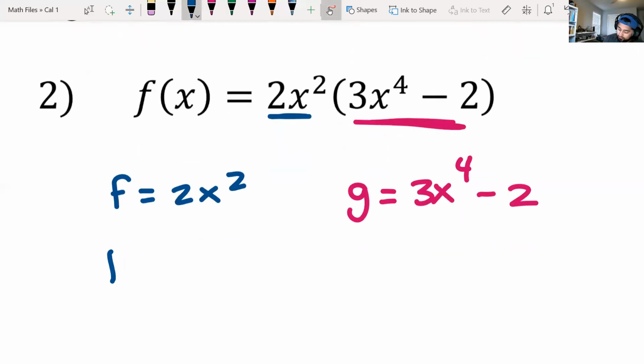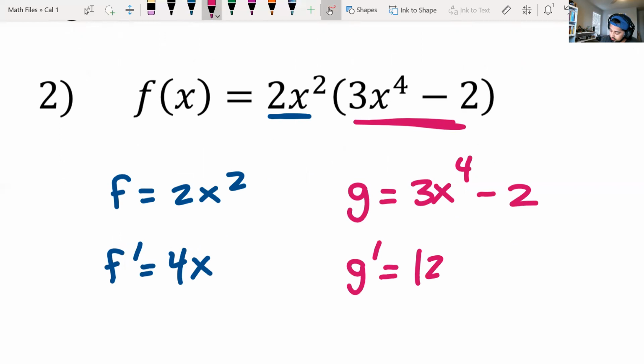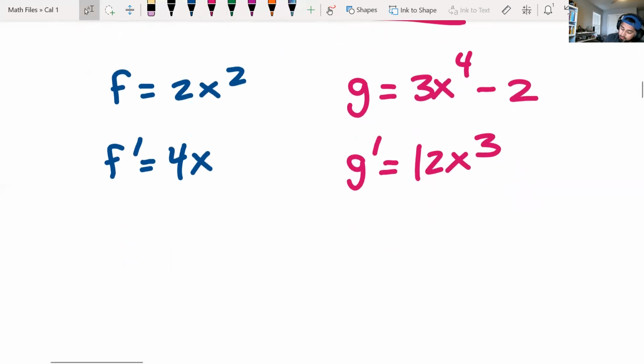Take the derivative of f, and then take the derivative of g. Now follow your product rule.